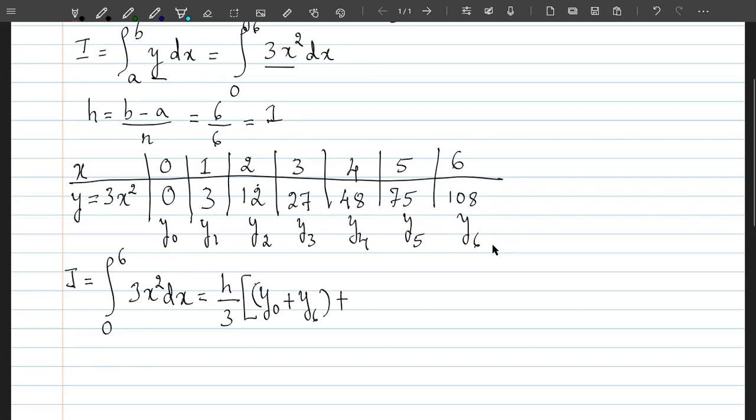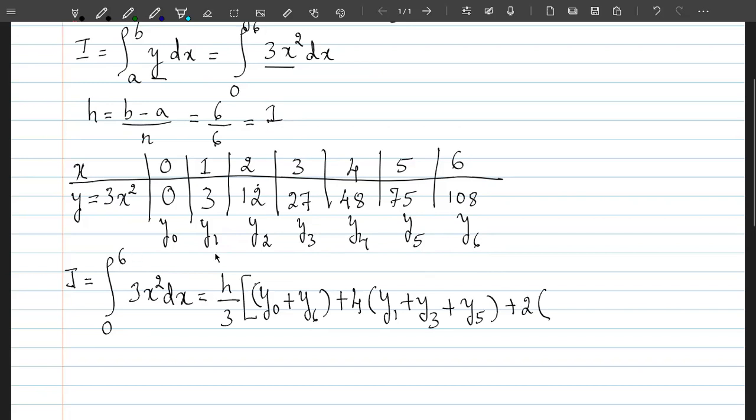plus the next term here is 4 into, we take all the odd subscripts of y. So the odd subscripts of y terms are y1, y3, and y5. So we write y1 plus y3 plus y5, plus the next term here is 2 into.